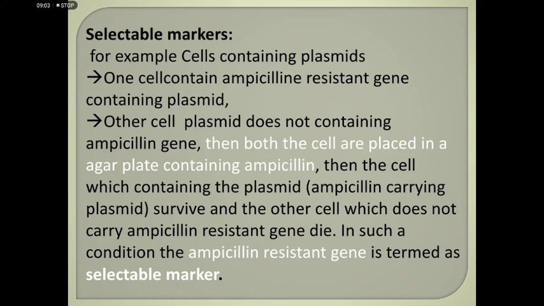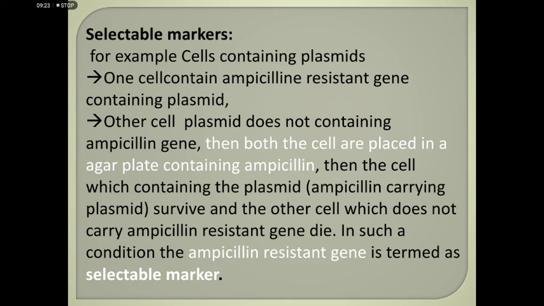That means we can get an indication. One has the ampicillin resistant gene and the other has no ampicillin resistant gene. From that indication, we can clearly understand that the cell without the ampicillin gene is the transformant.